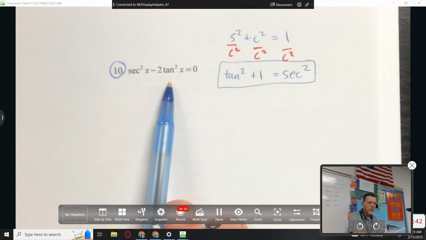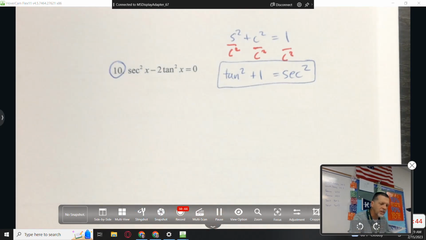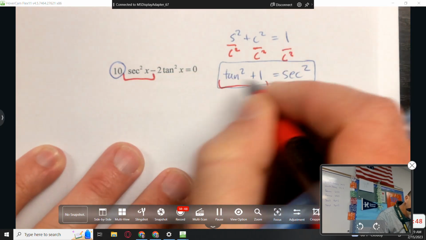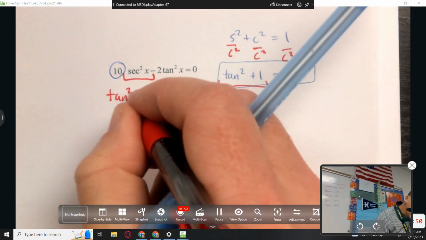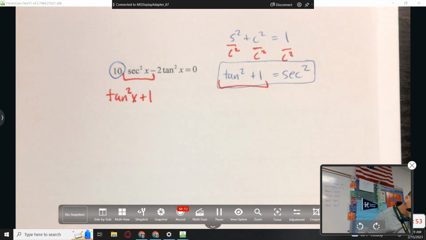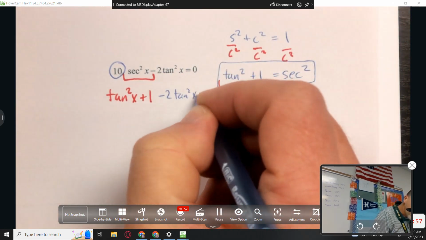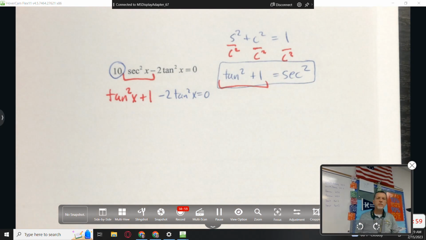I could use this a couple different ways, but it looks like the easiest way would be to put tangent squared x plus 1 in place of secant squared, because secant squared equals tan squared plus 1. Yeah, that works.